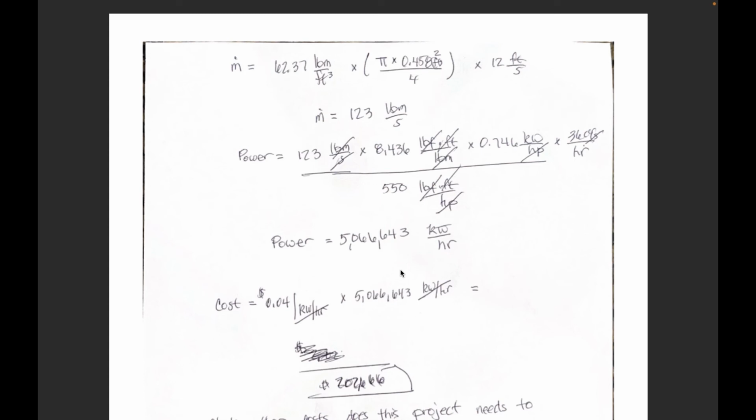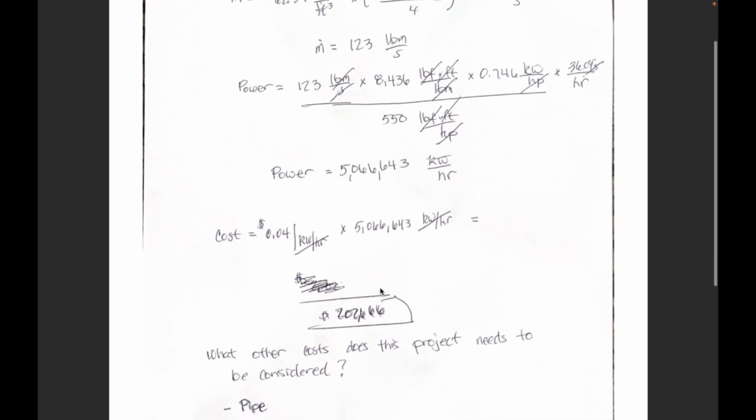Times 3,600 seconds per hour divided by 550 pound force foot per second per horsepower. Cancel across all your units, and you get kilowatt-hours. So you get this huge power right here: 5,066,643 kilowatt-hours.